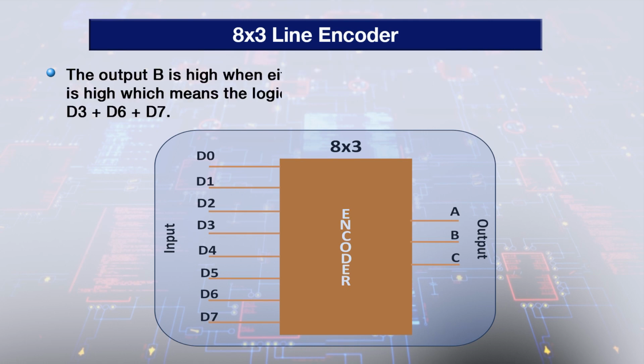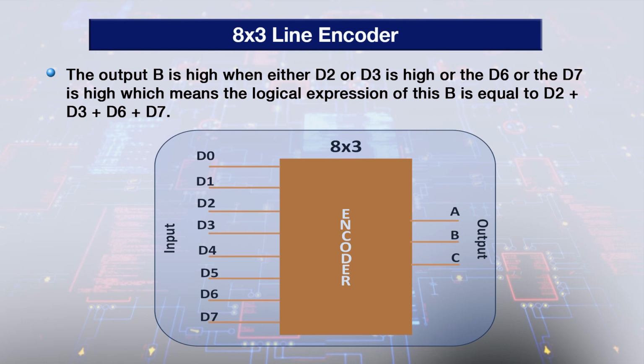Likewise, B is high when either D2 or D3 is high, or D6 or D7 is high, which means that the logical expression for B is equal to D2 plus D3 plus D6 plus D7.